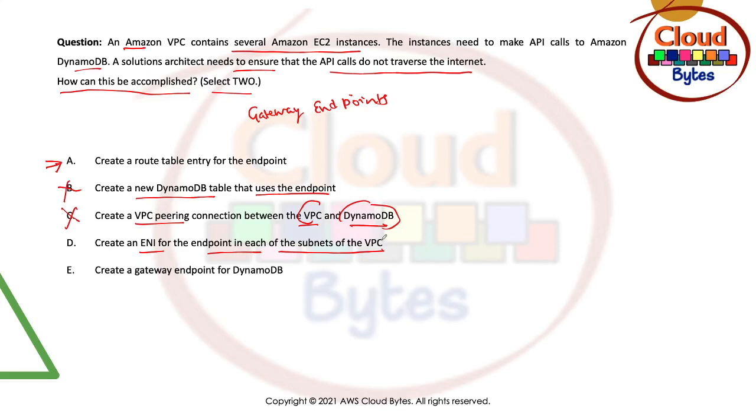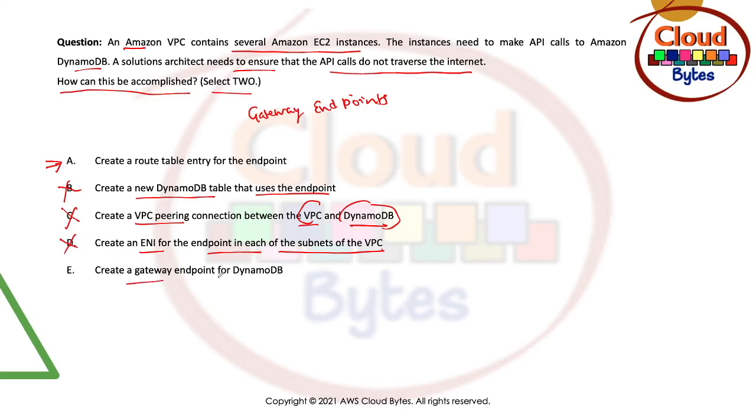There might be a recent change. I remember there was something that they introduced, but for this particular question, we can assume that there is no interface endpoint available, and these two services only support the gateway endpoint. So going by that logic, this option is wrong.